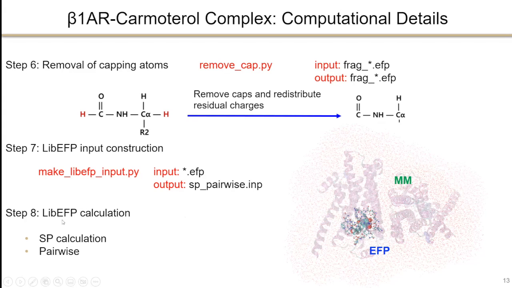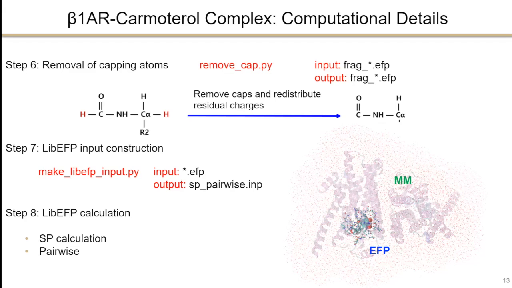And the last step is step 8, which is the live EFP calculation that we are now using to do an SP calculation and to calculate pairwise interaction energies. In this figure, I want to show you all the fragments that are included in the EFP region, and also the super fragment, which is basically just monopoles and is part of our MM region in these calculations.